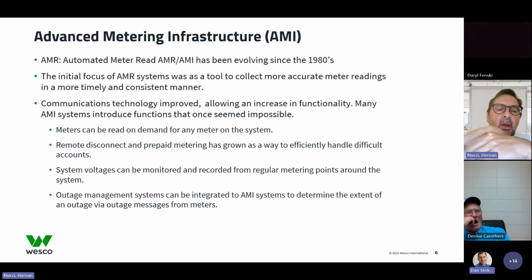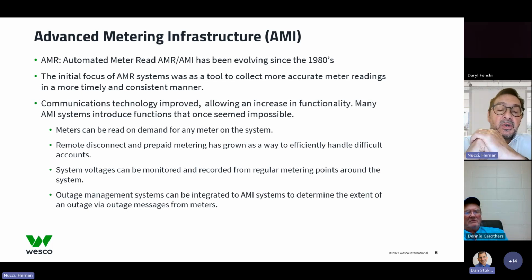But as communication technology improved, there was increased functionality for those systems, and most of the advances were probably considered impossible 30 years ago, like reading any meter on demand anytime, improved readings, no errors, remote disconnect, prepaid metering, an easy way to handle difficult accounts.